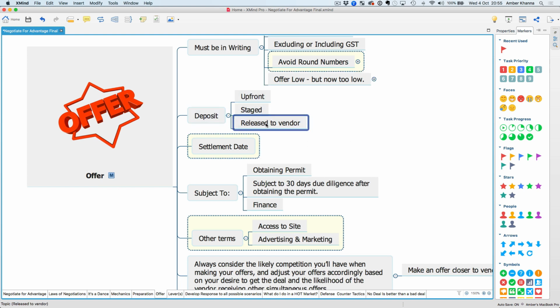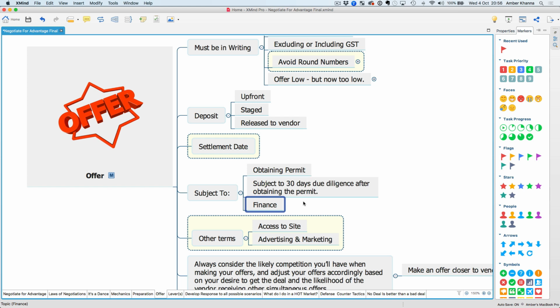So if you don't have a round number like 1.2 million or 1.5 million, compare 1.2 million with, let's say, 1.257 or something like that, and that way it tells them that some consideration has gone into coming up with the price. Show that you have a rationale behind your offer price, and it helps beat the competition as well.